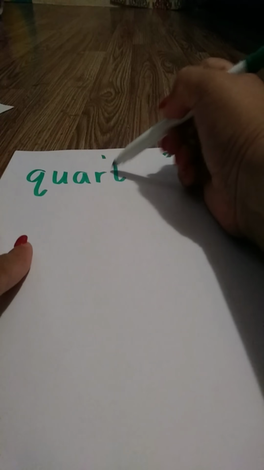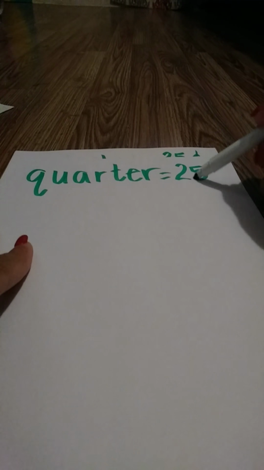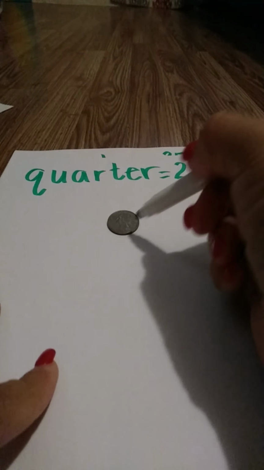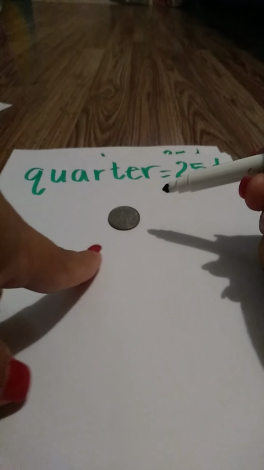And then my last coin is going to be my quarter, which is worth 25 cents. And on this one, you are going to have a vast variety of ways to make it. You can tell them, okay, well, if we're only talking about pennies, how many pennies does it take to make a quarter?